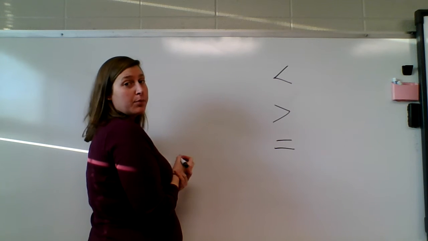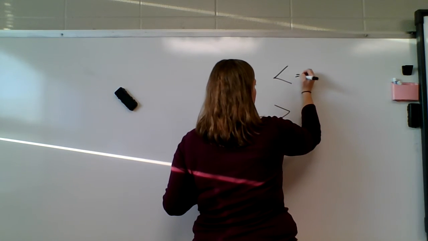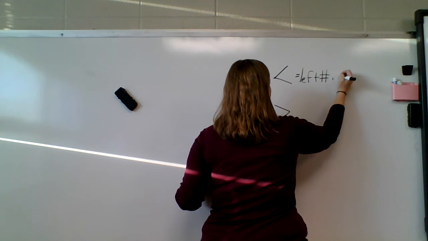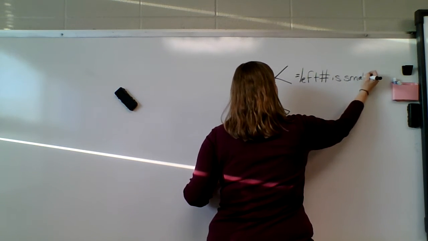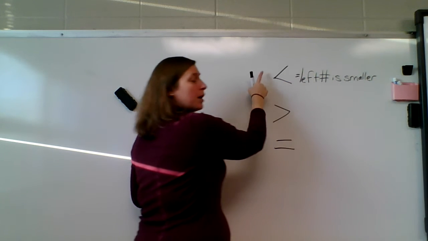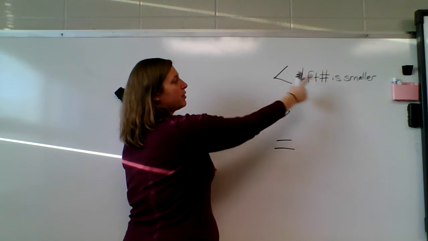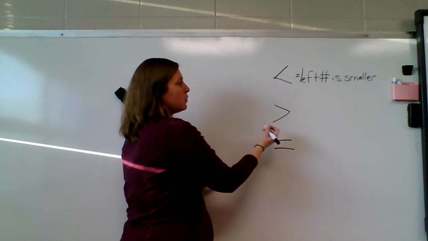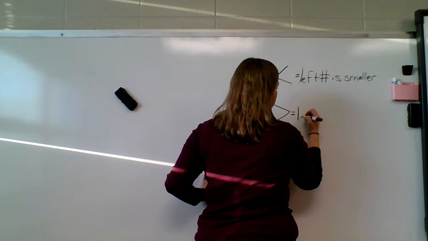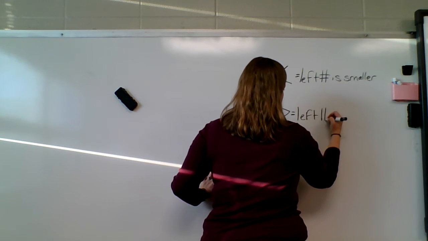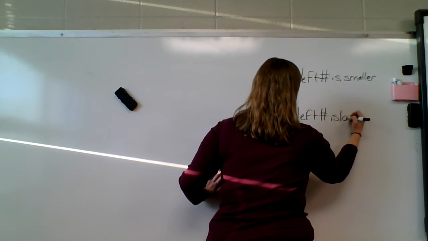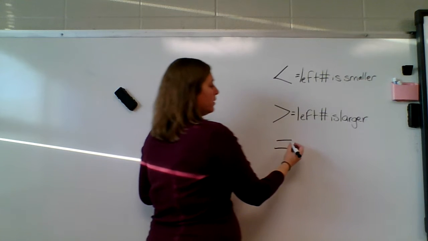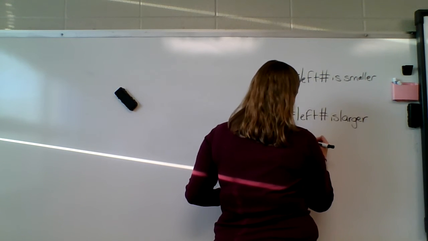A less than symbol means the left number is smaller. So the number on the left-hand side is going to be a smaller number than the number on the right-hand side. The next one is greater than, and this means that the left number is larger. And finally, equal to means both numbers are equal value.